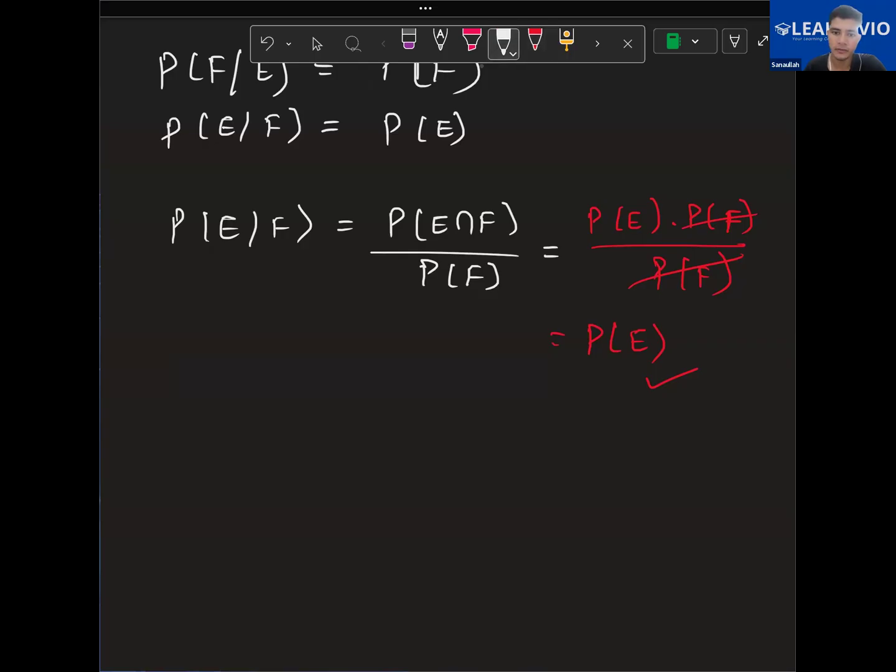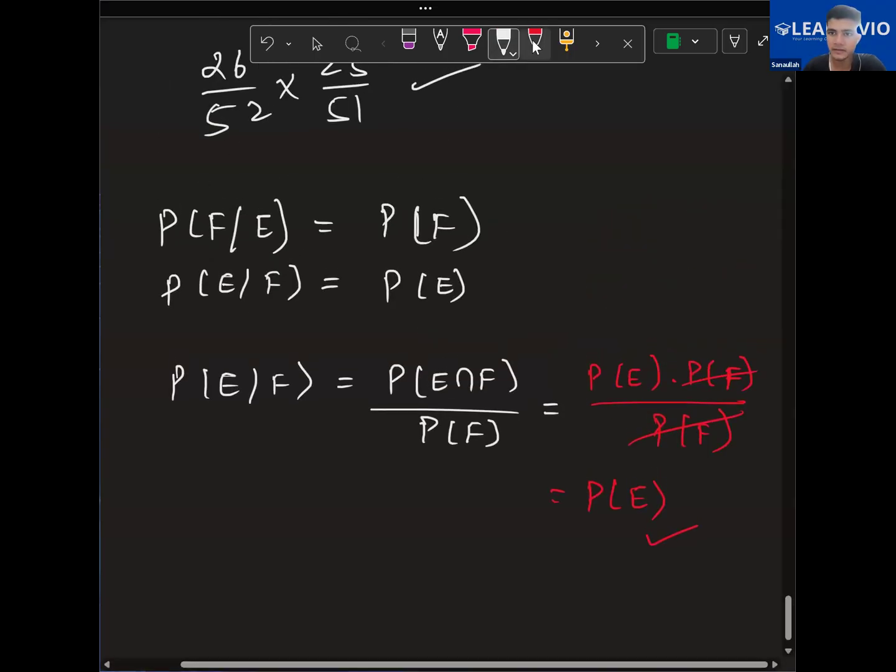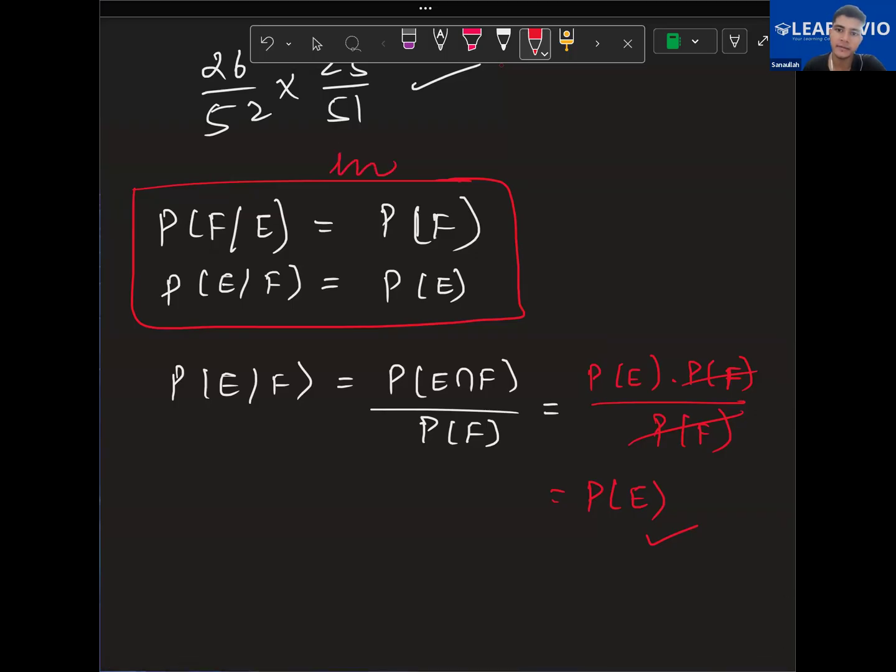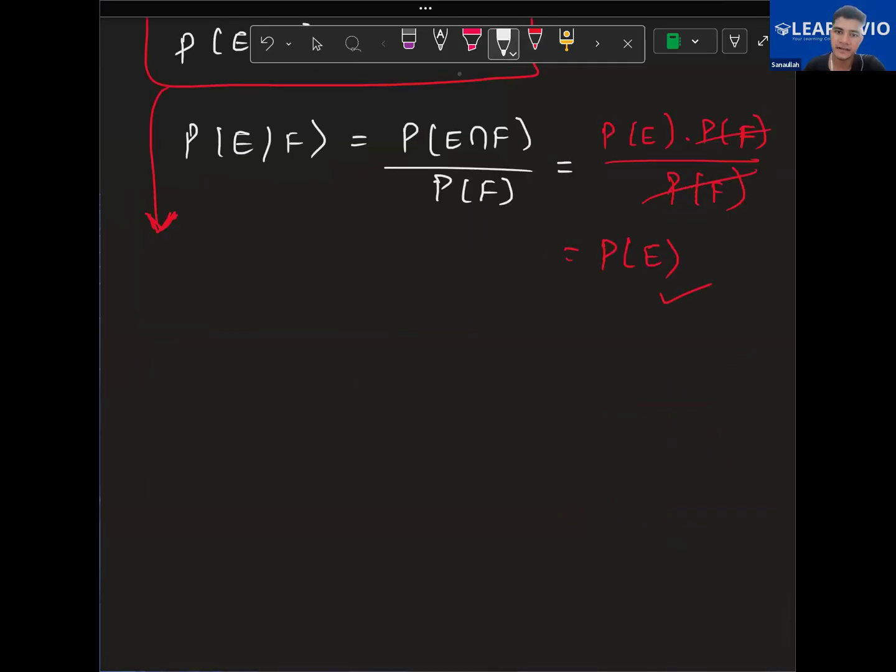So basically there is one more thing. These two definitions are also important if you have independent events. What is the basis of this, why is this formula like this? The basis is that probability of E intersection F is probability of E into probability of F, as they are independent events.